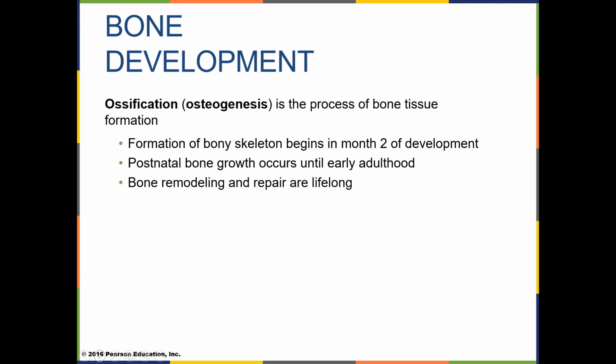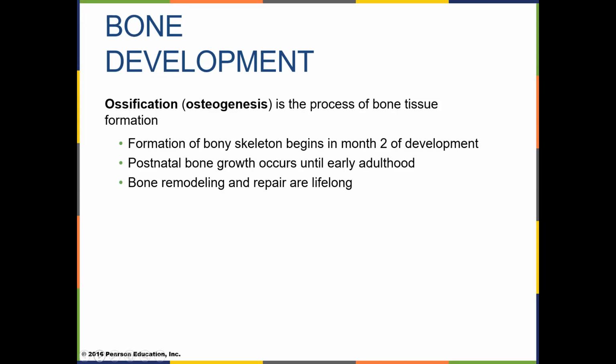Because right now it's a cartilage and membrane skeleton, mostly cartilage and a little bit of membrane. And we start the process 6 weeks after conception of ossification, the creation of the bony skeleton. The process of ossification will continue until we're about 23 years of age.